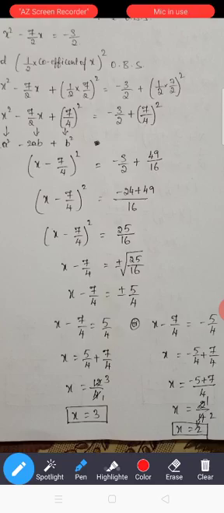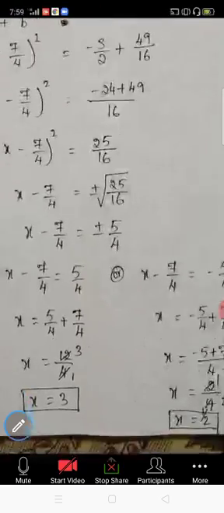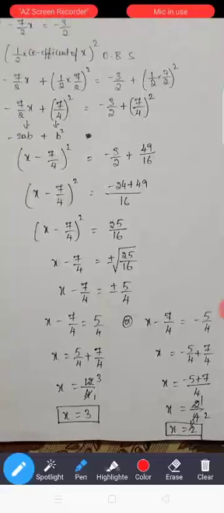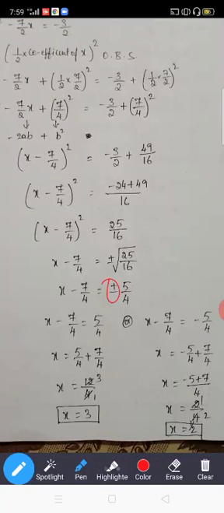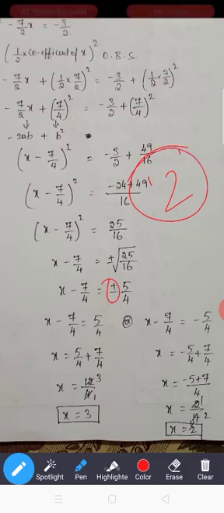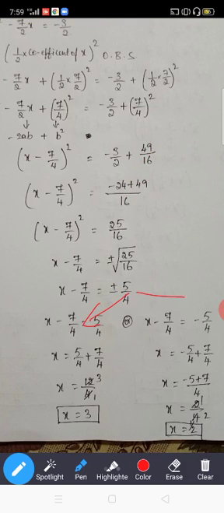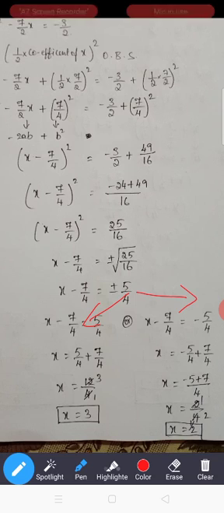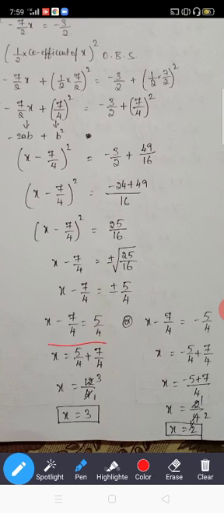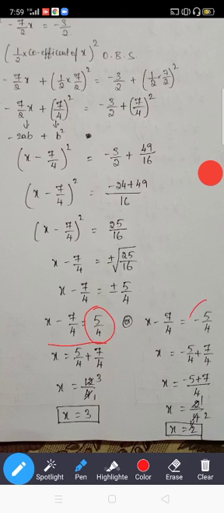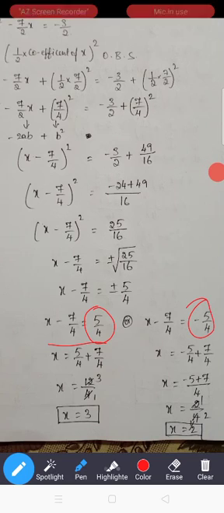Now observe this, very important. Plus or minus means it is nothing but two roots. It's a quadratic, so two roots are there. First take the plus on one side and the minus on the other side. So x minus 7 by 4 equals plus 5 by 4 on one side, and minus 5 by 4 on the other side.